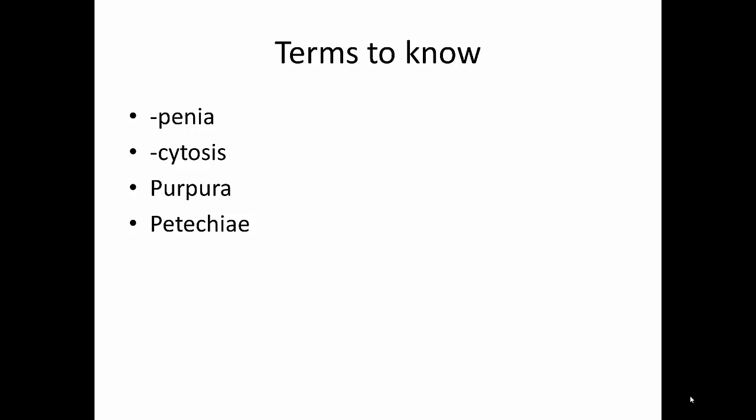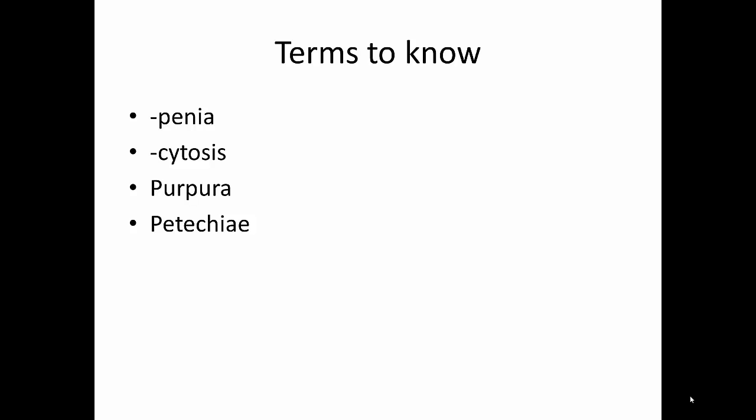And so, again, it's associated with platelets. And what is the role of platelets? To cause blood to clot. So, for some reason, we're not having blood clotting. And then petechiae are small pinpoint areas of hemorrhage. And they can look purple, they can look bright red. But with purpura and petechiae, there's no swelling.